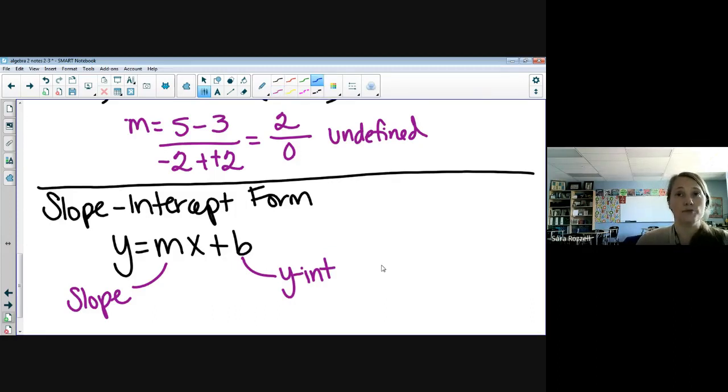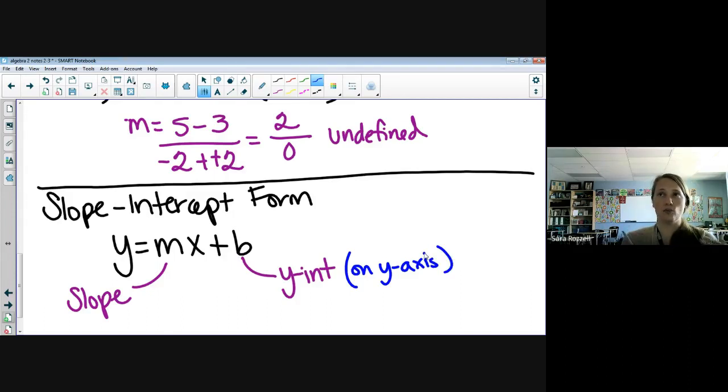And your y-intercept shows on the graph at the y-axis. It's where the line crosses the y-axis. That's one problem that I see a lot. People think it's the x-intercept instead of the y-intercept and put their starting point there instead.